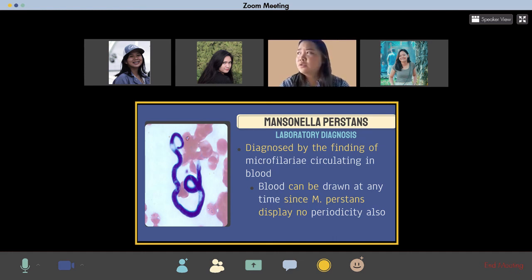In order to do this, we need to prepare a thick peripheral blood smear and a thin peripheral blood smear, which is stained with Giemsa or other appropriate stains used for detection and identification of the parasite. As Ms. Muggle said, we can identify the microfilariae under the microscope if it has no sheath and the size is about 200 micrometers in length. So this is what Mansonella perstans looks like under the microscope.